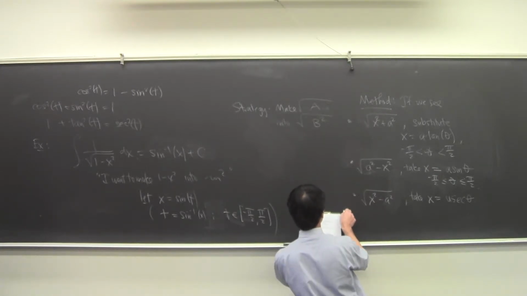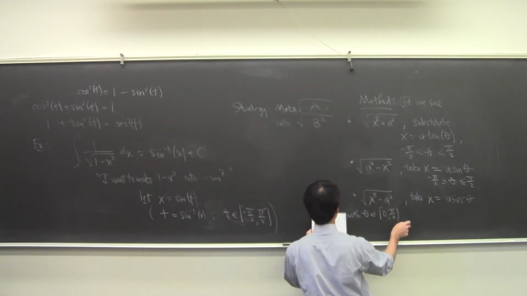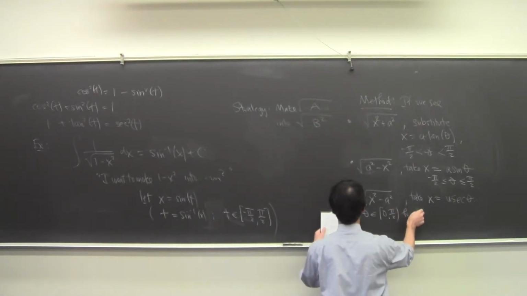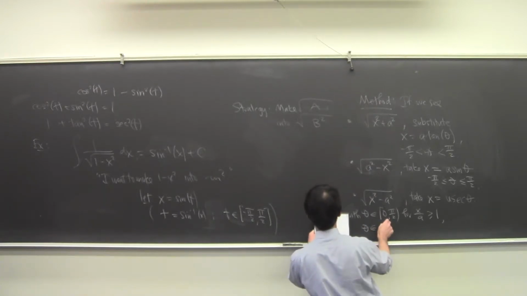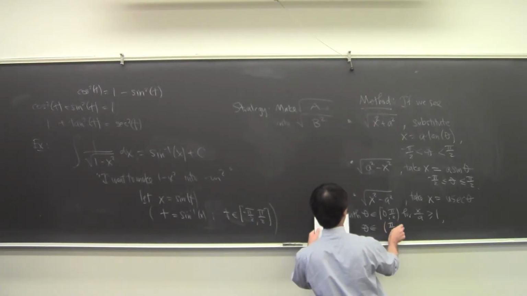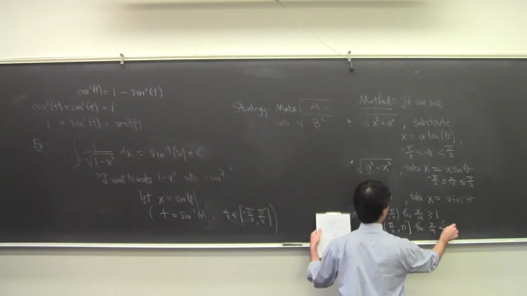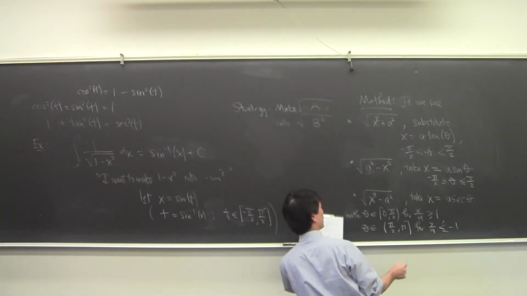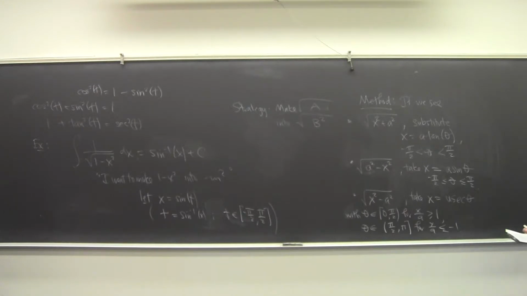So you say with theta in 0, pi over 2 for x over a greater than or equal to 1, and theta in pi over 2, pi for x over a less than or equal to negative 1. Again, that's just based on how the arcsecant is defined.